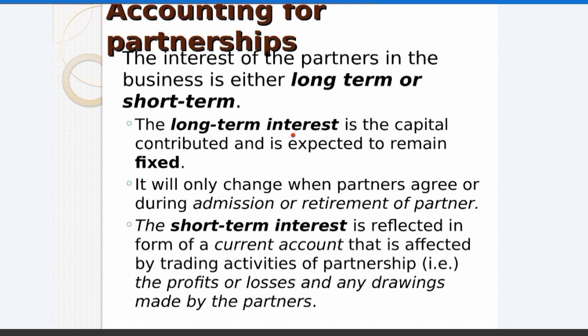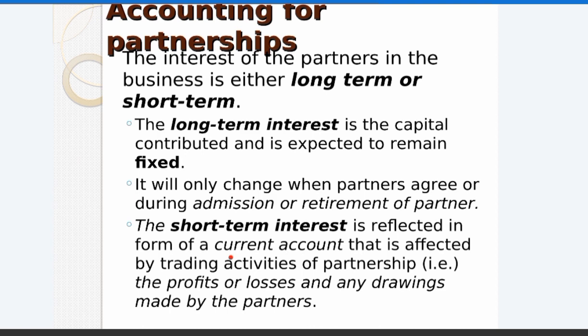So interest number two, apart from the long-term interest, is short-term interest. The short-term interest is reflected in the form of a current account. And of course, we will look at how we prepare the current account. The short-term interest is represented by the current account, and the current account will always be affected by the trading activities of the partnership.